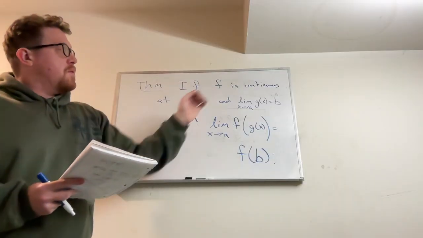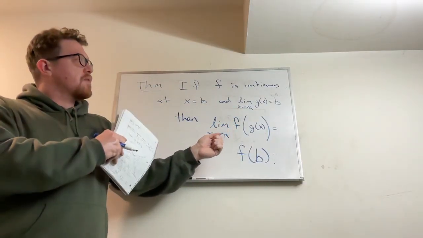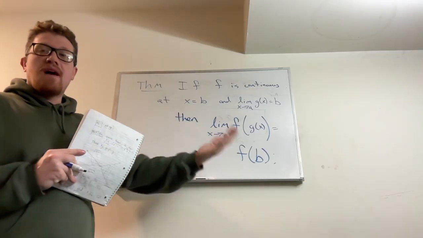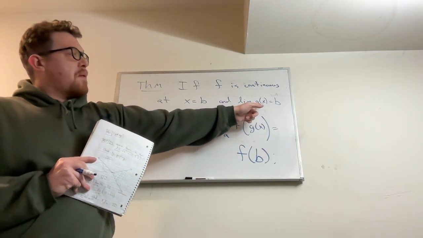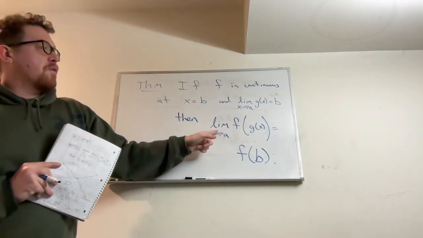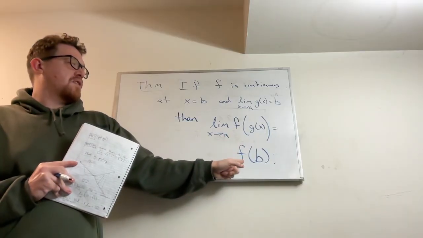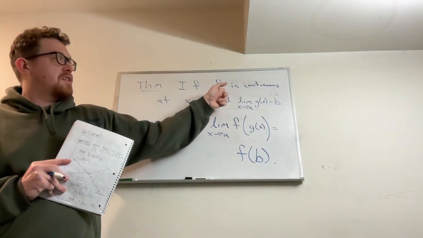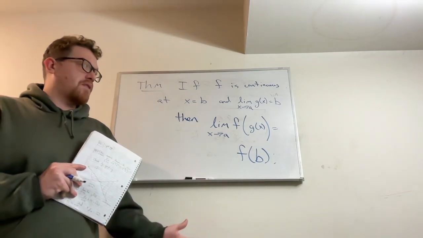So f is continuous, so when I plug in values really close to some x value, I should be getting really close to f of that value. And it says that if I plug in values close to A, g is approaching B. And therefore, in the composition, if I plug in values really close to A, this should be getting close to f of B. And this is only true because f is continuous, and you're allowed to kind of just plug in the value of the function in some sense.